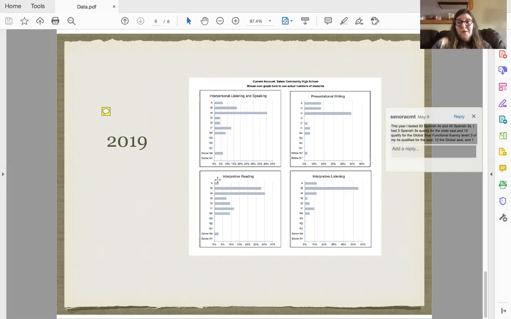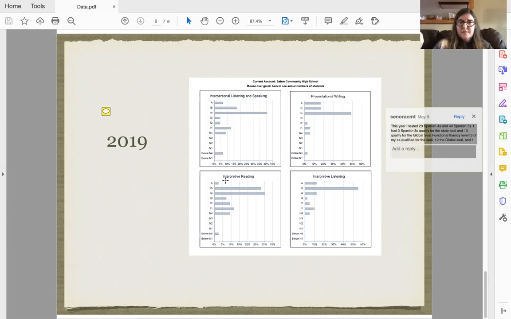So 2020, we had just taken the AAPPL in 2020. I'm going to tell you, I did not put the chart in here. Our 2020 results were very interesting. My first hour class took the AAPPL, and then my 7th hour class took the AAPPL. And my first hour class got back their results, and they all scored intermediate 1.